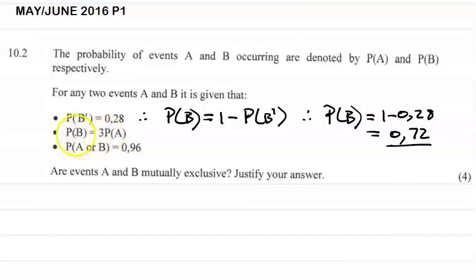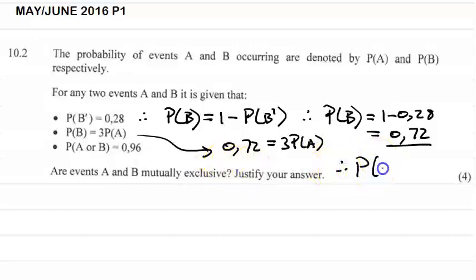Now they tell us here that the probability of B is equal to 3 times the probability of A. That's how important the first statement was for this particular question. Because now that we know the probability of B, we can write the following. Probability of B, 0.72, is equal to 3 times the probability of A. Therefore, the probability of A is going to equal 0.72 over 3.